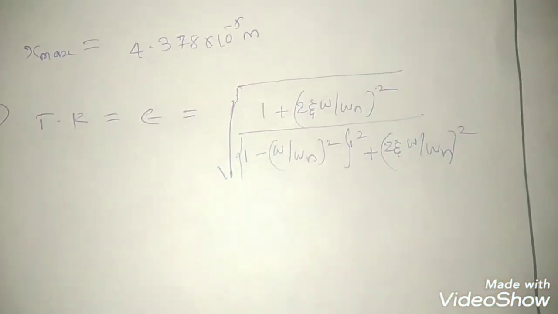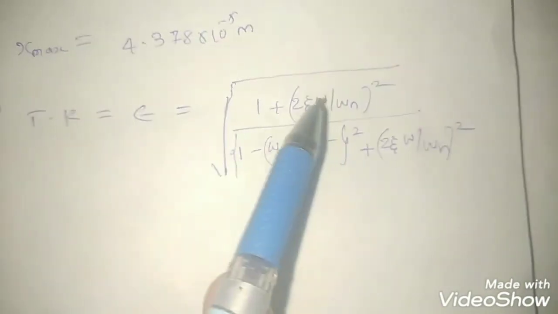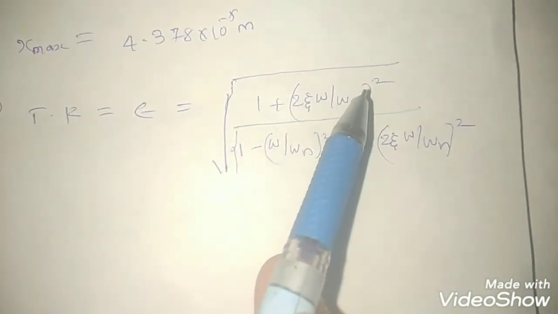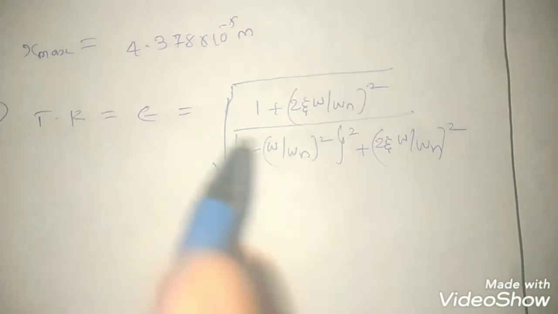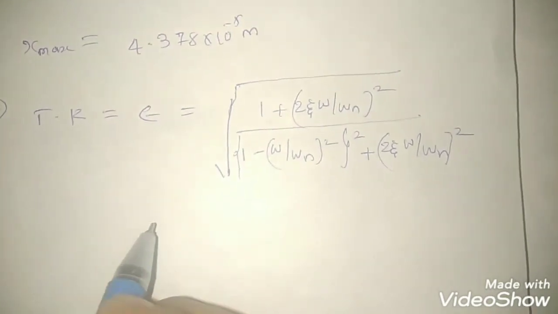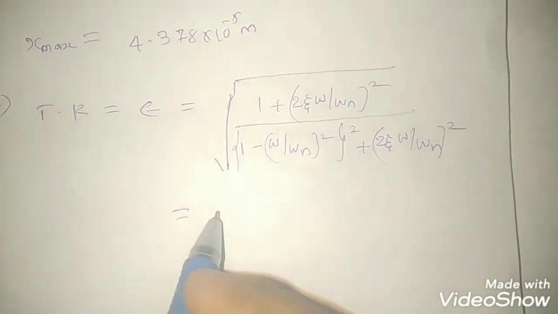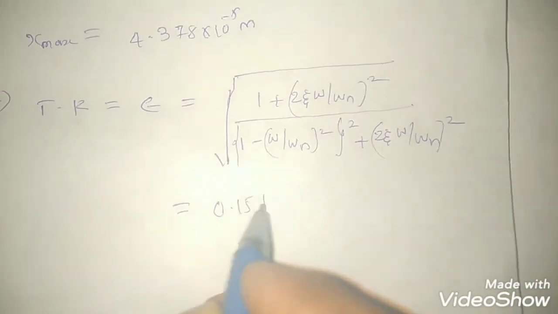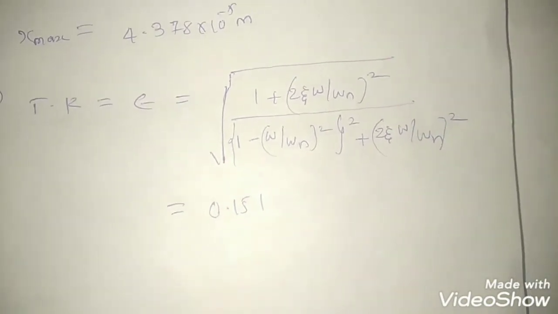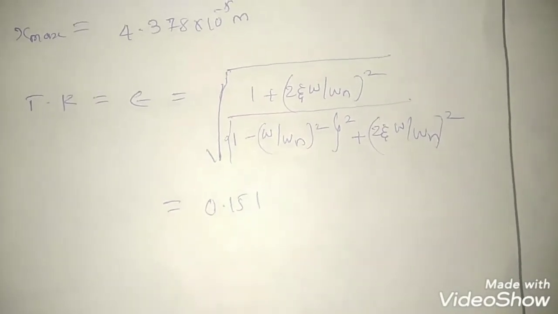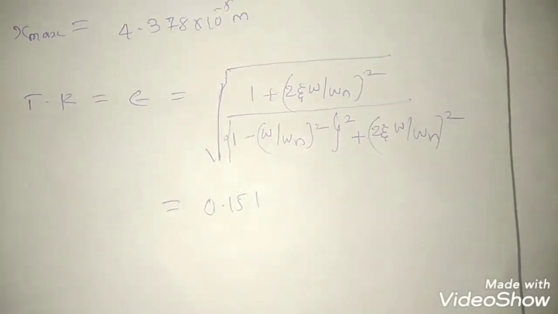This is the formula for transmissibility. Here we know all the values, even the zeta value is given, and omega and omega n we have found. By substituting all these values in this formula, we'll get the transmissibility ratio as 0.151. Since this is a ratio, we don't have any unit here.